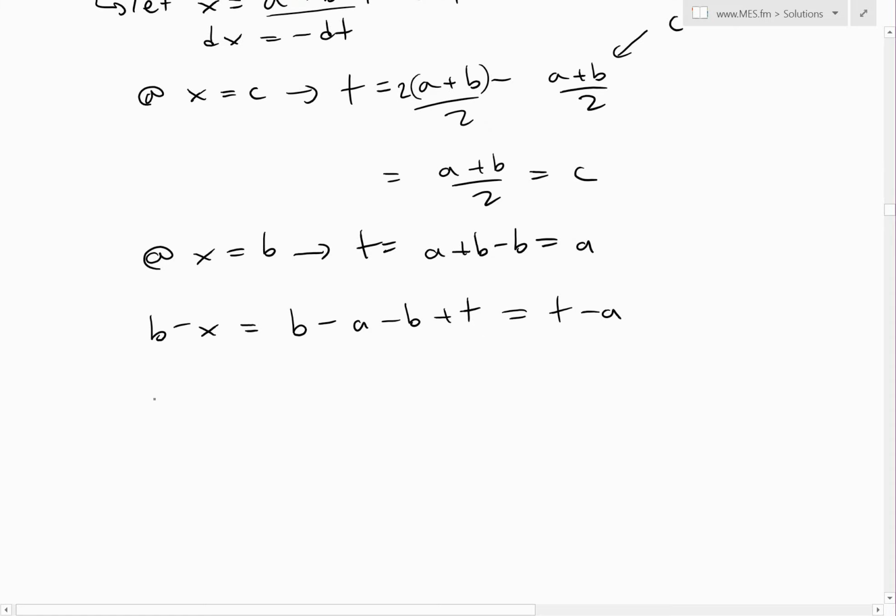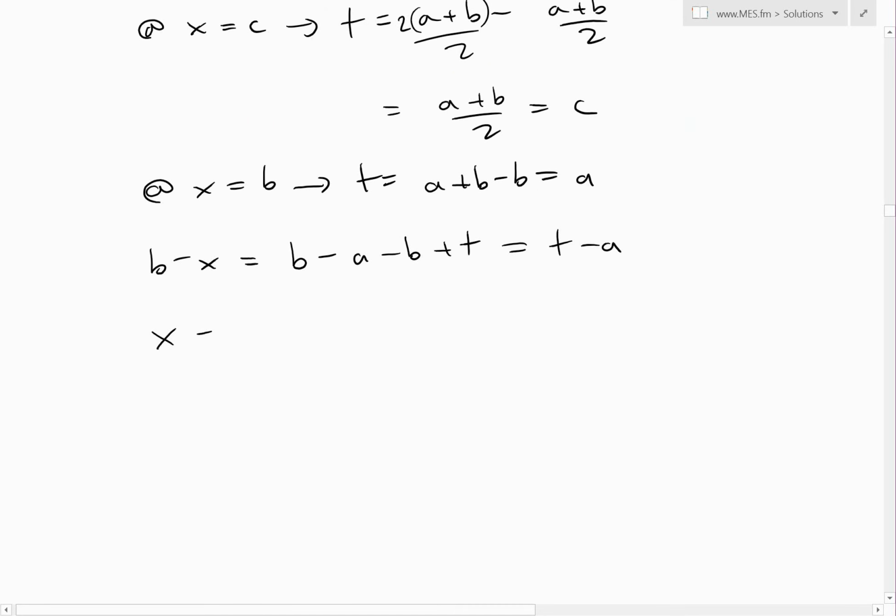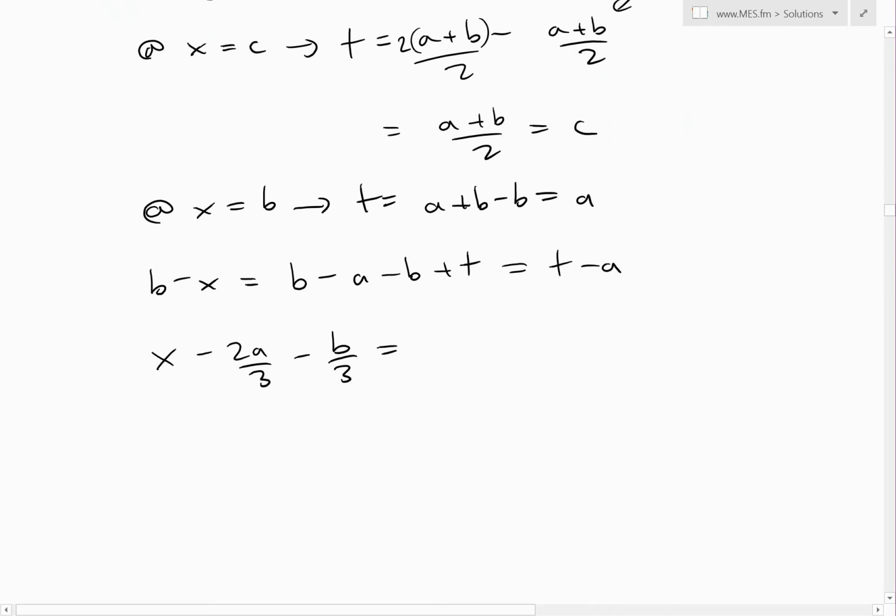And then the last one is x minus 2a over 3 minus b over 3. This equals, plug in our x value, which is our new transformation, a plus b minus t, minus 2a over 3 minus b over 3, because this is our x value, and then minus that.